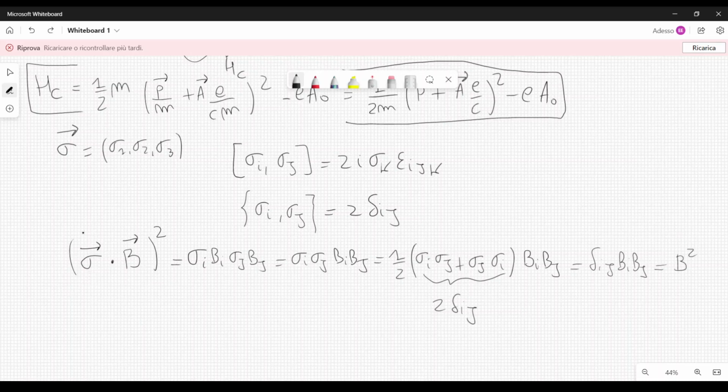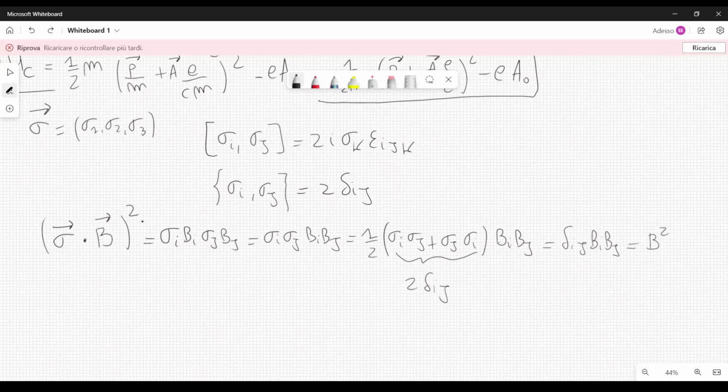Now, we want to generalize the expression for the Hamiltonian, and by using this fact, that if I take the dot product between the Pauli matrices and a generic vector and square it, I get the square of the vector. So this is an important property.